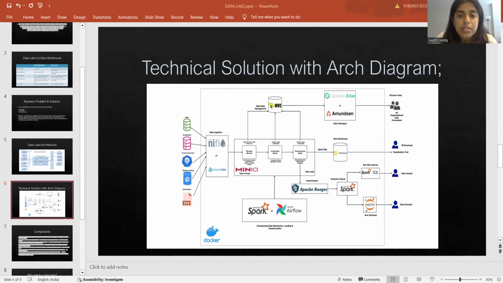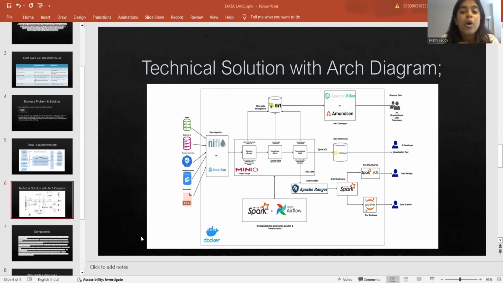Real-time ingestion is facilitated by Apache Kafka, while batch ingestion is handled by Apache Pig and Apache Spark. And the next thing is the storage layer. So Apache Hadoop's file system serves as the storage medium.